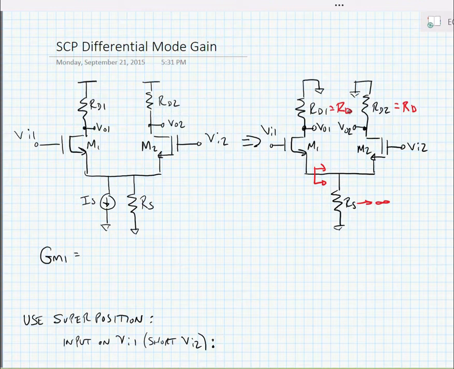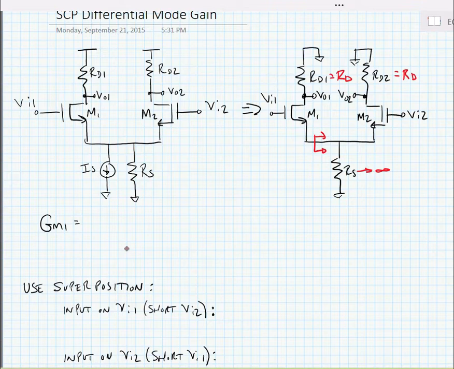Now, what this means is that M1 sees a resistance 1 over gm2 when connected to the source of M2. So we can say that big GM for M1 is equal to little gm1 divided by 1 plus little gm1 times 1 over gm2.